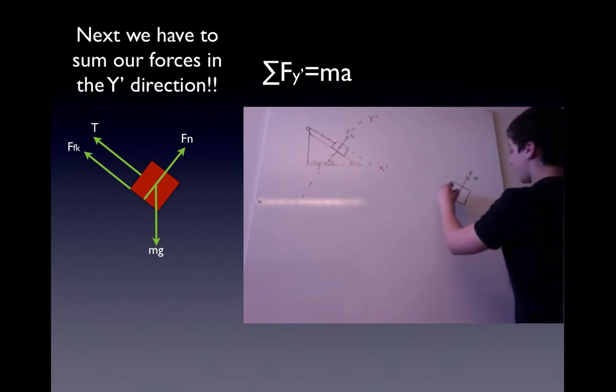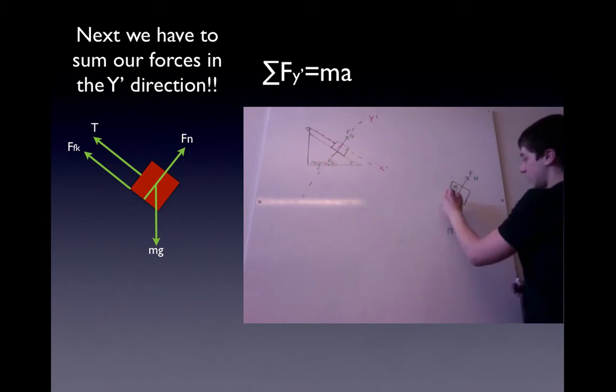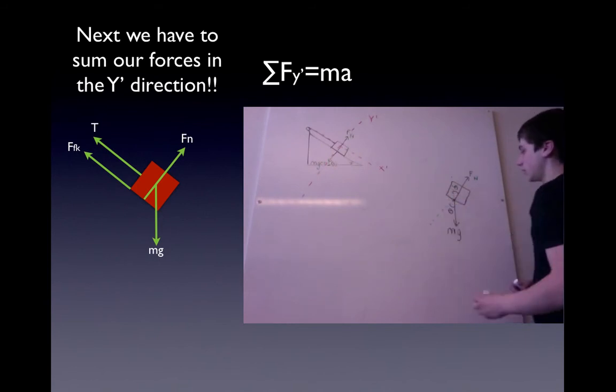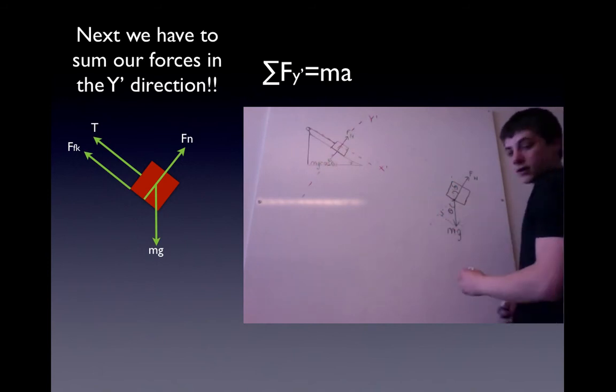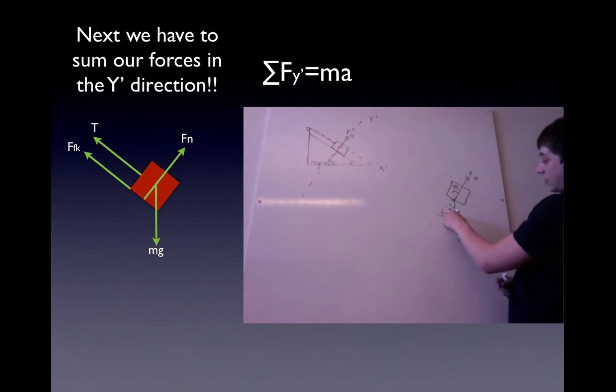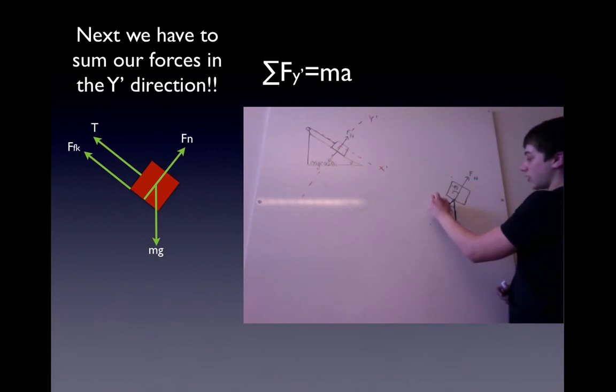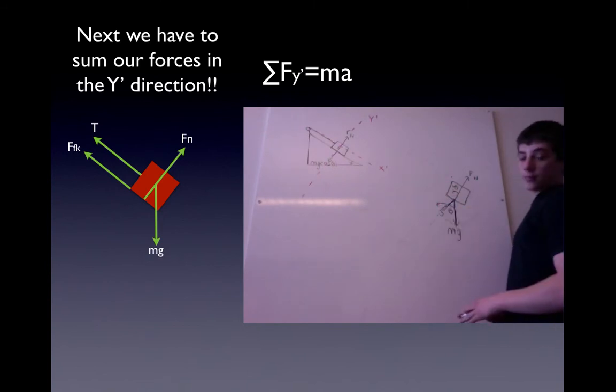That angle is theta, and extending this, due to vertical angles, this is theta. If we drop an altitude here, that would show cosine theta times mg, which gives the component of gravity in the y prime direction.